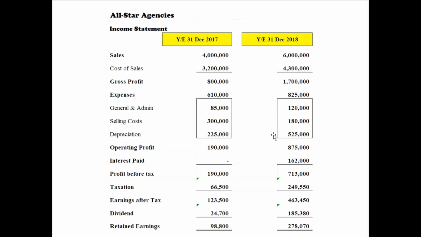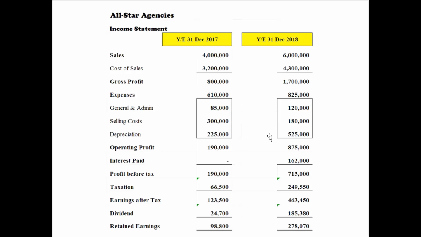And this new asset, this 1.2 million rand asset, which was the manufacturing plant for the mattresses, we bought that at the beginning of the year, and for the sake of this exercise, we are assuming 1 year's worth of depreciation. And the 1.2 million is depreciated over the 4-year contract, and that information is provided in point number 3.